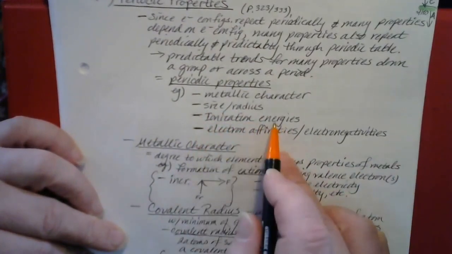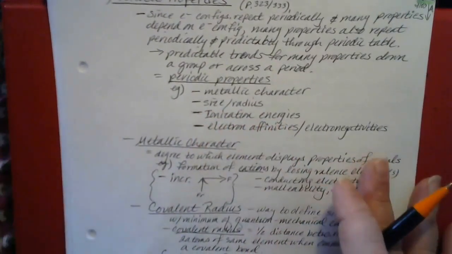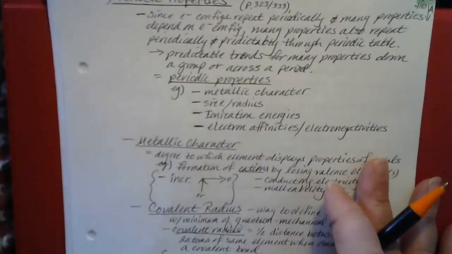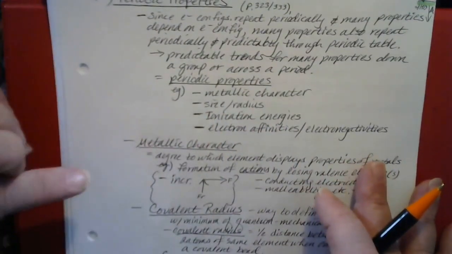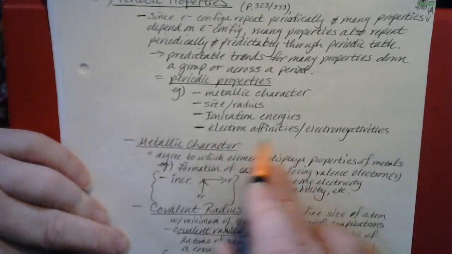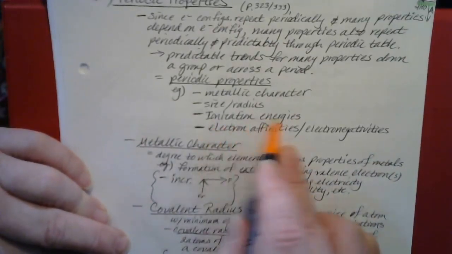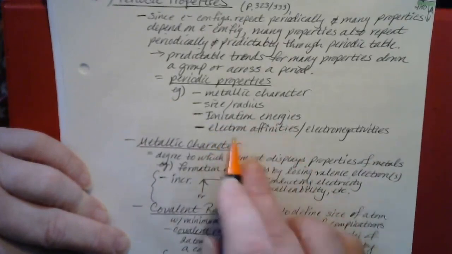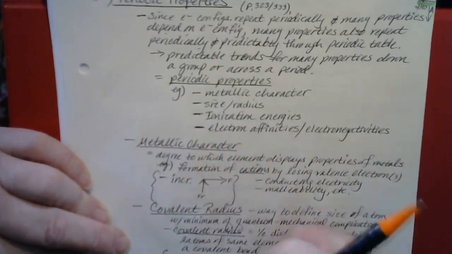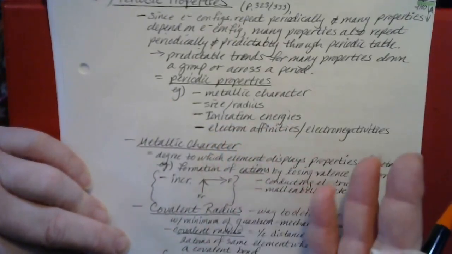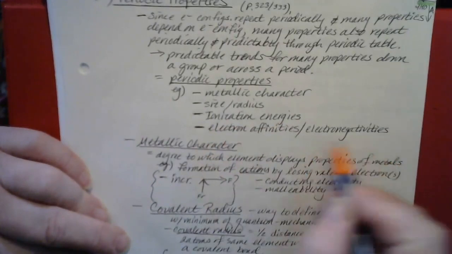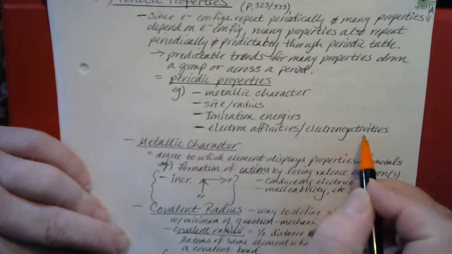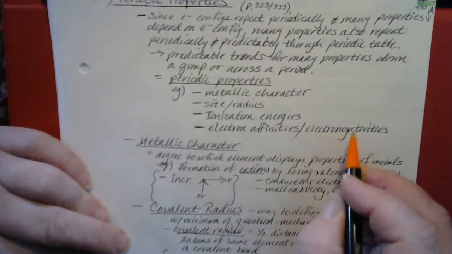Then there are the ionization energies, that is, how much energy you have to put in to get an electron away from an atom. That varies according to where the elements are in the periodic table. And electron affinities, which is kind of the opposite of ionization energy. The electron affinity is how much energy is released when an atom takes in an additional electron. Related to that is the property of electronegativity, which I've mentioned before.